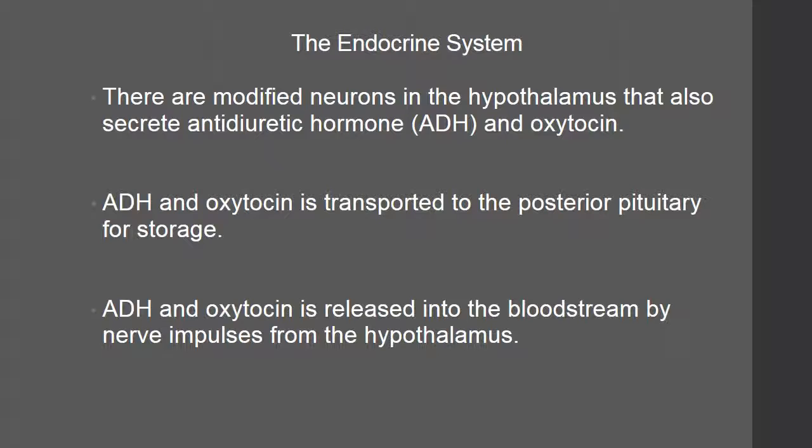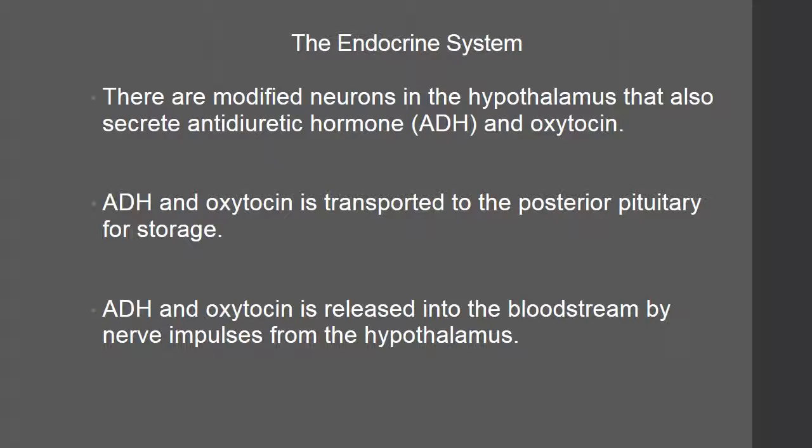ADH and oxytocin are transported to the posterior pituitary for storage. So the posterior pituitary, unlike the anterior pituitary, is simply a storage area. It just stores a hormone. ADH and oxytocin are released into the bloodstream by nerve impulses from the hypothalamus.